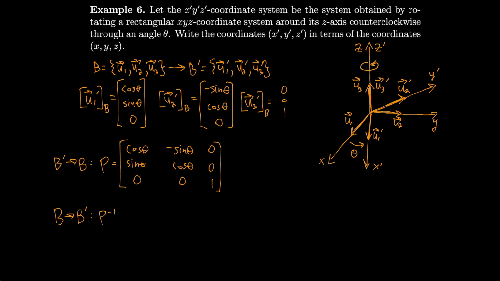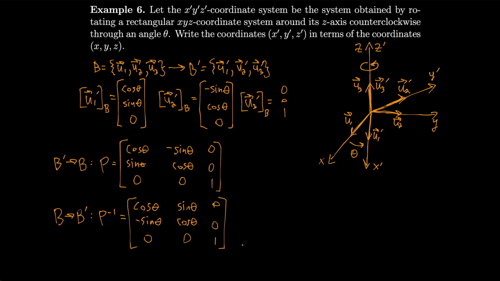So P inverse will be equal to [cos θ, sin θ, 0; -sin θ, cos θ, 0; 0, 0, 1].